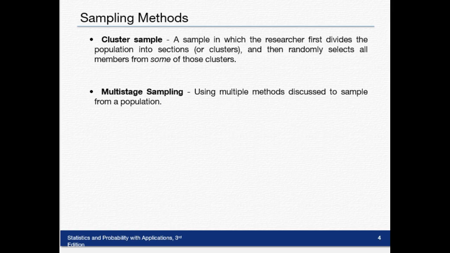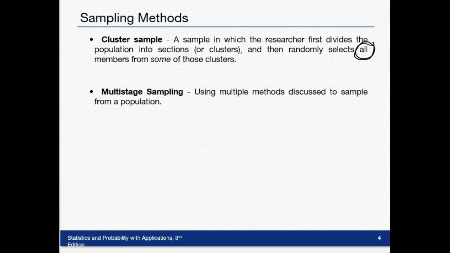A cluster sample. A sample in which the researcher first divides the population into sections or clusters and then randomly selects all members from some of the clusters. So this is a little bit harder to differentiate between stratified and cluster, but here's the key word, all.